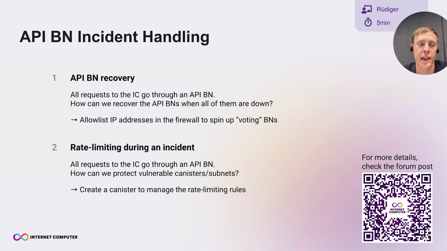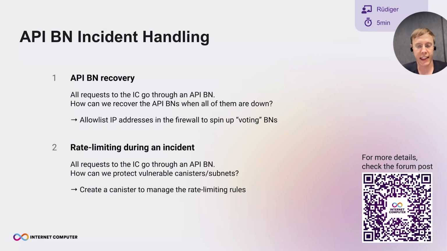What we propose is to allow-list specific IP addresses that then allow us to spin up voting boundary nodes with these IP addresses. This would allow voting out of band, voting around the API boundary nodes. The second part is a bit more sophisticated or intricate.